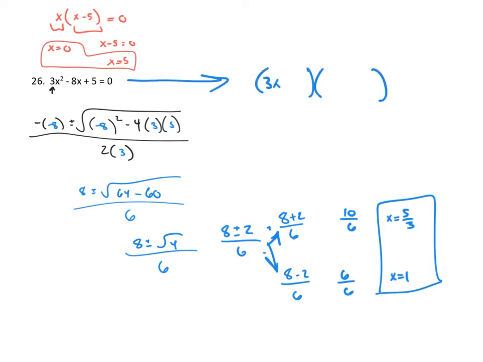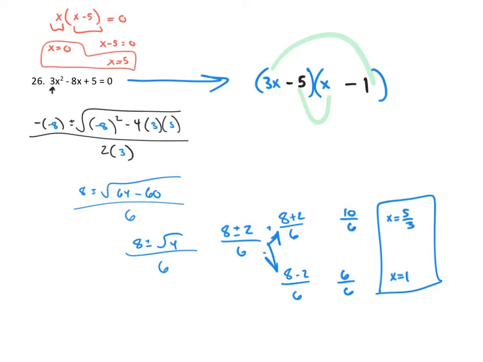It would have been 3x and x. That's the only way to start. And then you're looking for numbers that multiply to a positive 5, that add to a negative 8 after they're multiplied with the O and I of FOIL. And what it ends up being here is the minus 1 here and the minus 5 here.